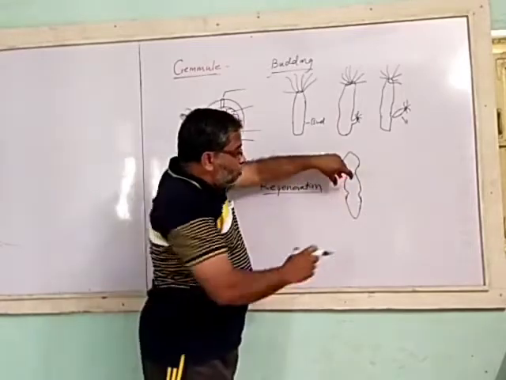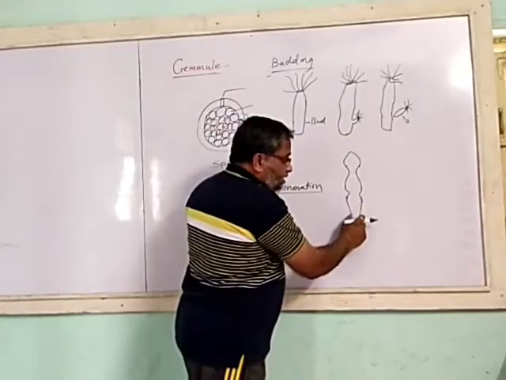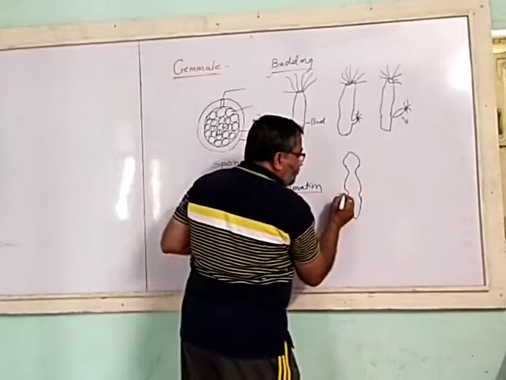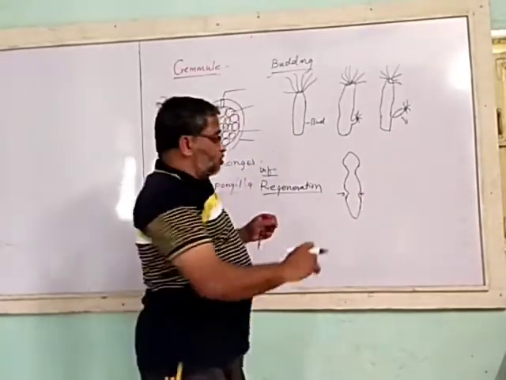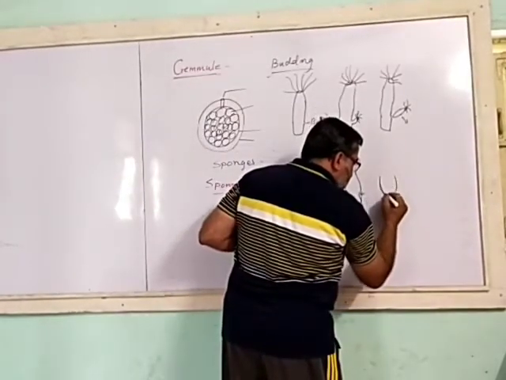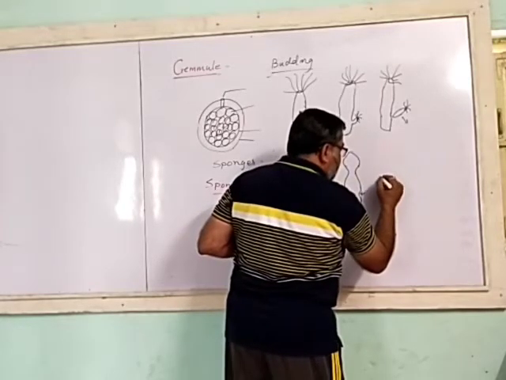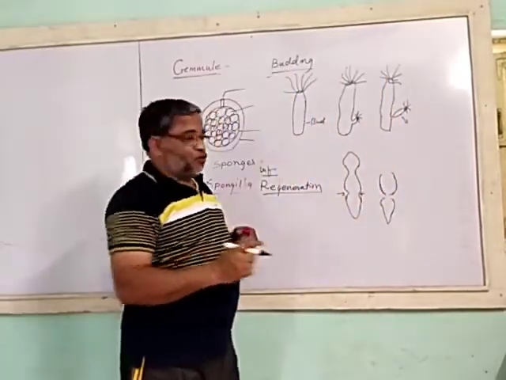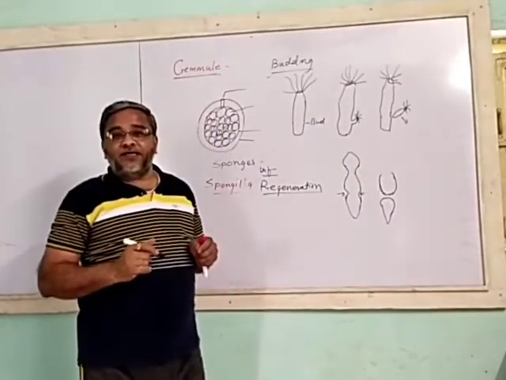Due to this pull, the anterior part pulls upward while the posterior part pulls downward. When the pull takes place, a constriction forms in the middle of the body, and this pull continues and the constriction increases, and finally it breaks, so the anterior body part is separated and the posterior body part is separated.